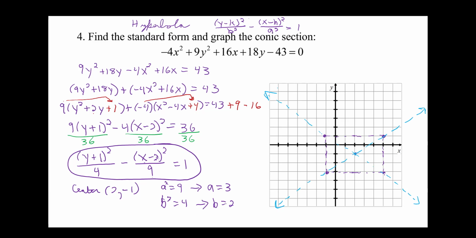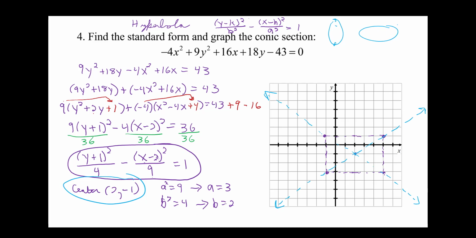What I need to know is in which direction my vertices are. Okay, so I know what the center is, but with the ellipse, if your ellipse is elongated, the vertices are always going to be in the long direction. If it's longer in the up and down direction, your vertices will be up and down.